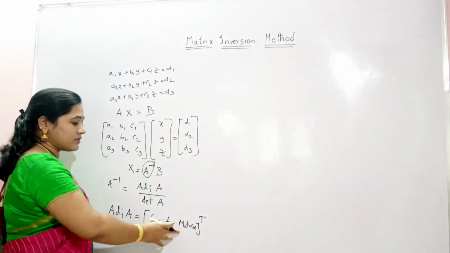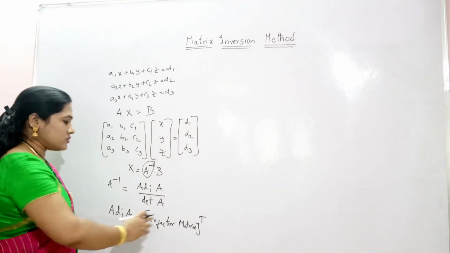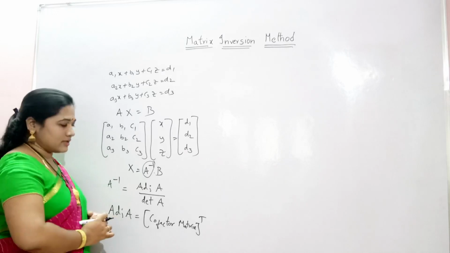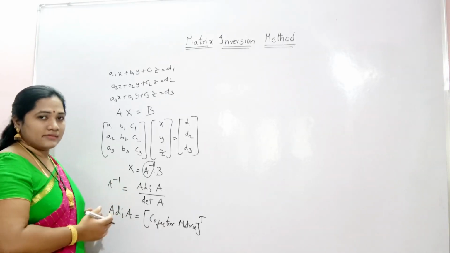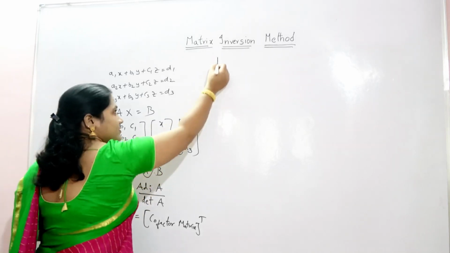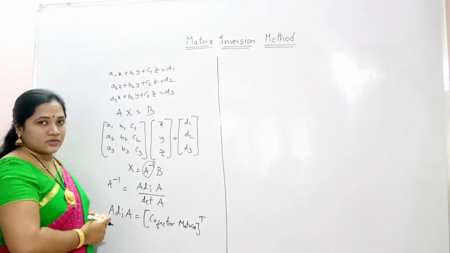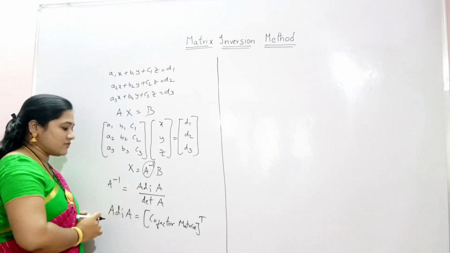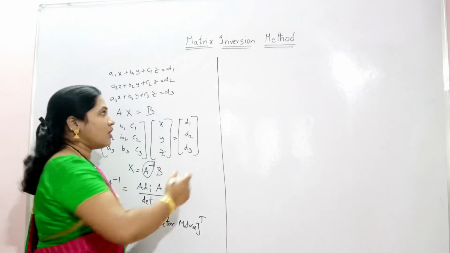Transpose means just interchanging the rows and the columns. So first you should know how to write the cofactor matrix. To write the cofactor matrix, first you should know how to find the cofactor of an element.